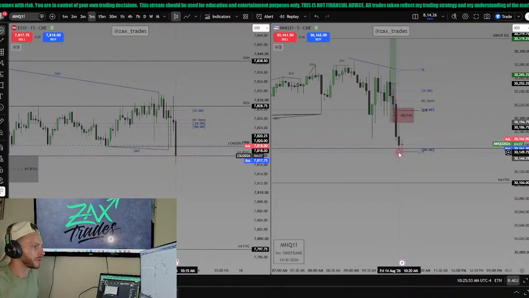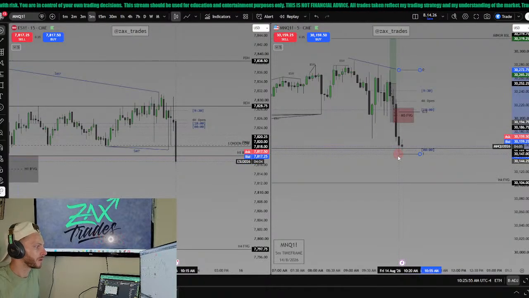So there's our dealing range there. Yes, it's raining.